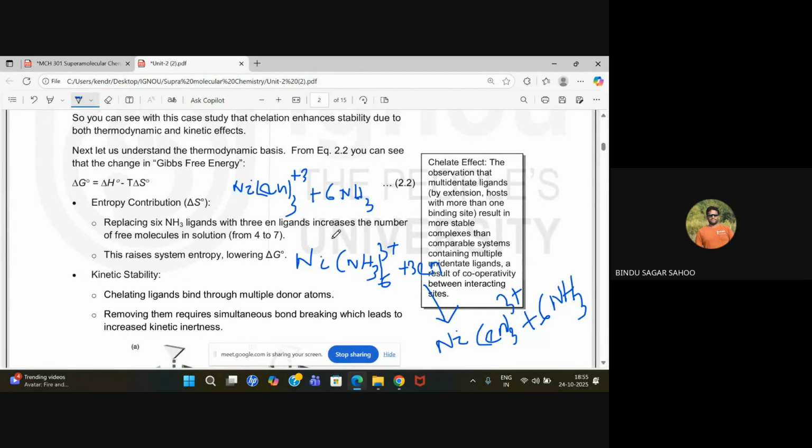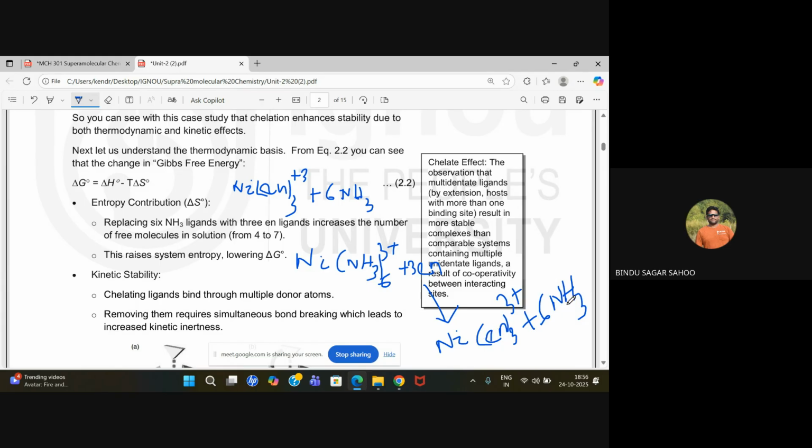Initially the number of reactants is 1 plus 3, which is 4. After the substitution, the six ammonia ligands go outside and the three ethylene diamine groups form the complex with nickel. Now you can calculate the number of molecules: this is 1 and this is 6.